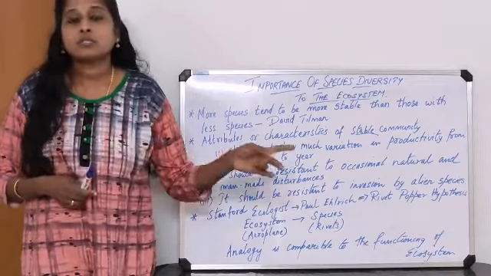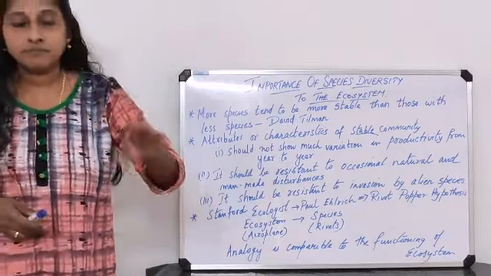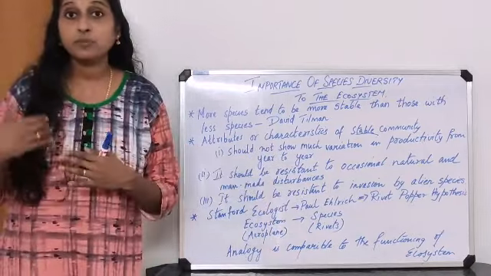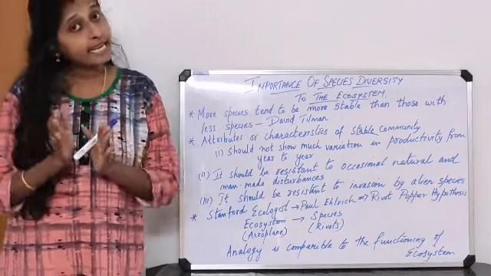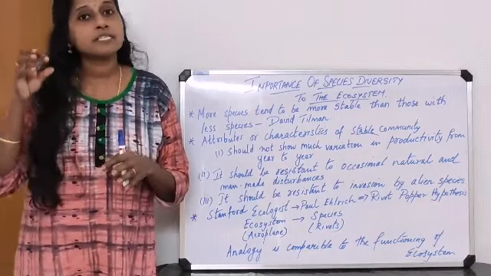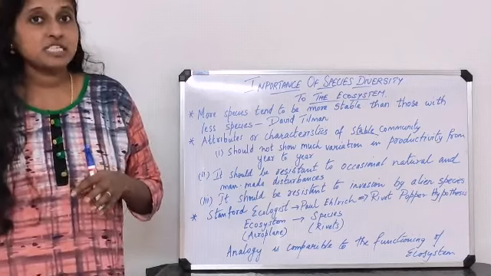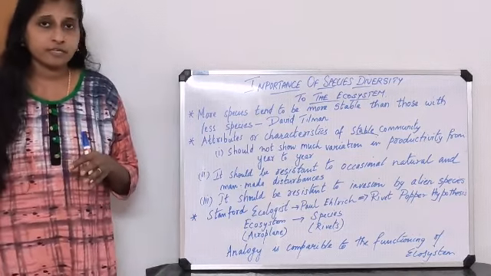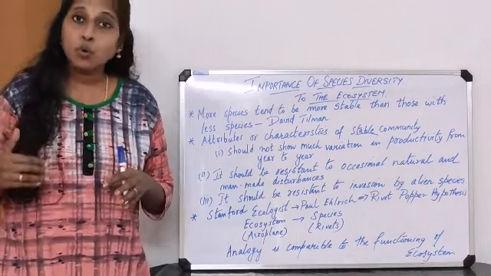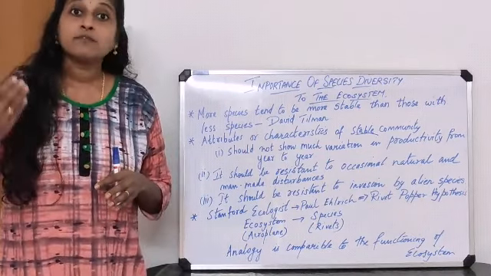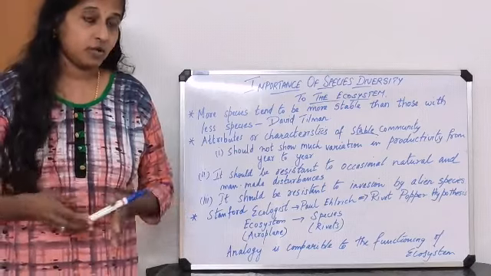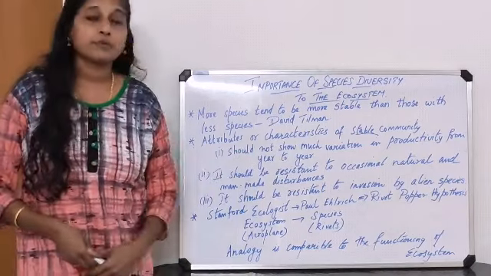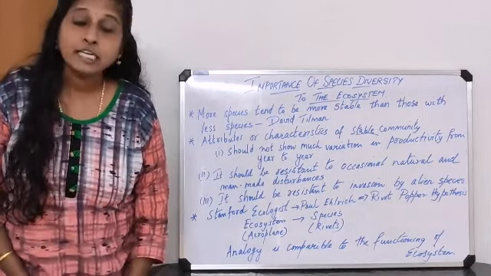So that was what Paul Ehrlich said about the Rivet-Popper hypothesis. He considered the ecosystem as an aeroplane and the species as the rivets. If you remove one species, it may not affect in the beginning, but if you go on removing, later it will lead to much disaster. So that is what the Rivet-Popper hypothesis is stating.